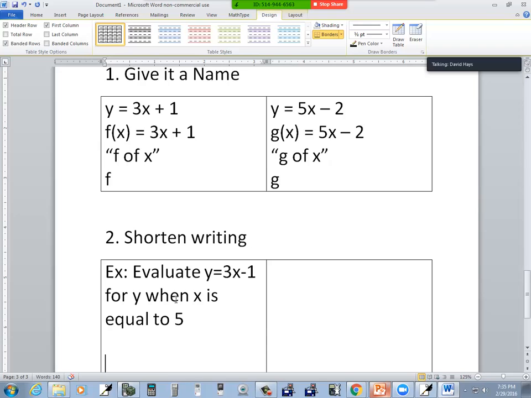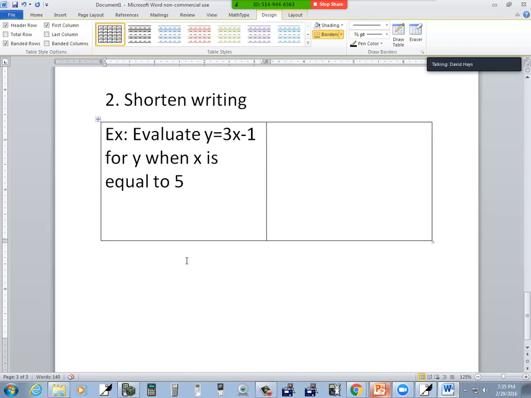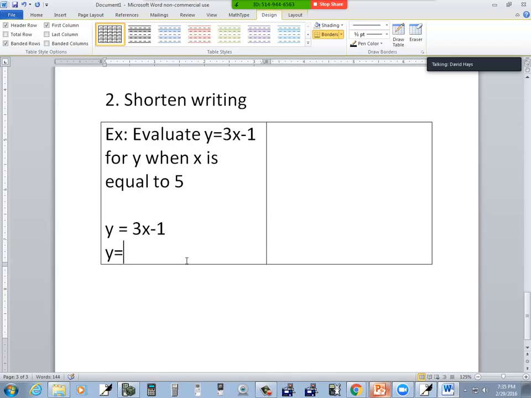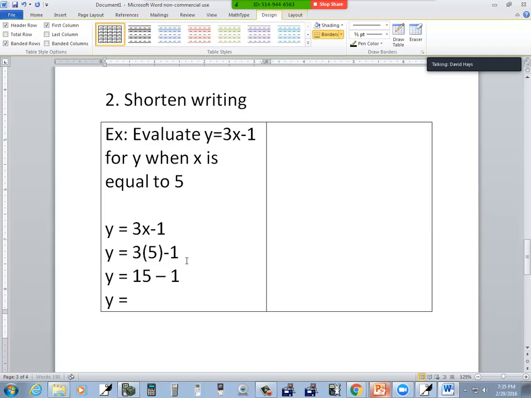And how we'd solve this is we would say y is equal to 3x minus 1. We would replace the x with 5. And then 3 times 5 is 15 minus 1, or y is equal to 14.